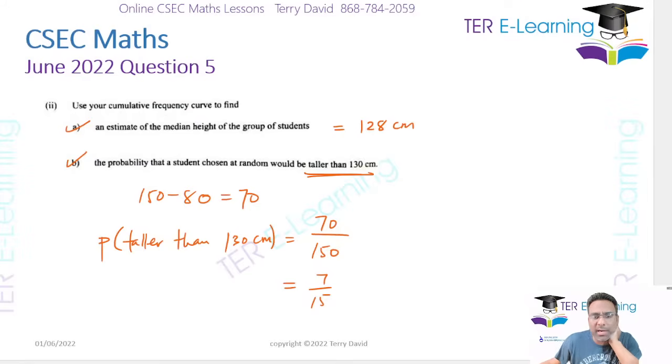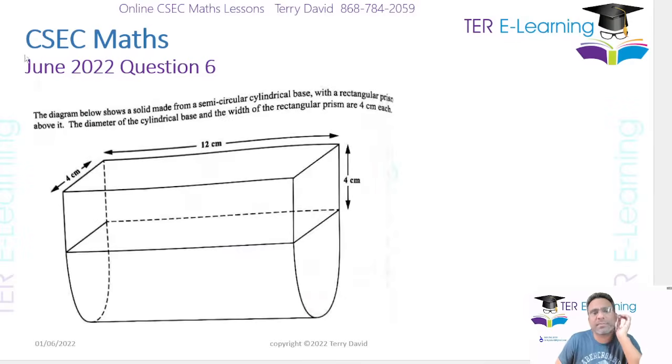Right, so where are we now? All right, so that's question 5. Let's move on. All right, so question 6 now. They have a diagram here. It shows a solid made of a semicircular cylindrical base with a rectangular prism above it.